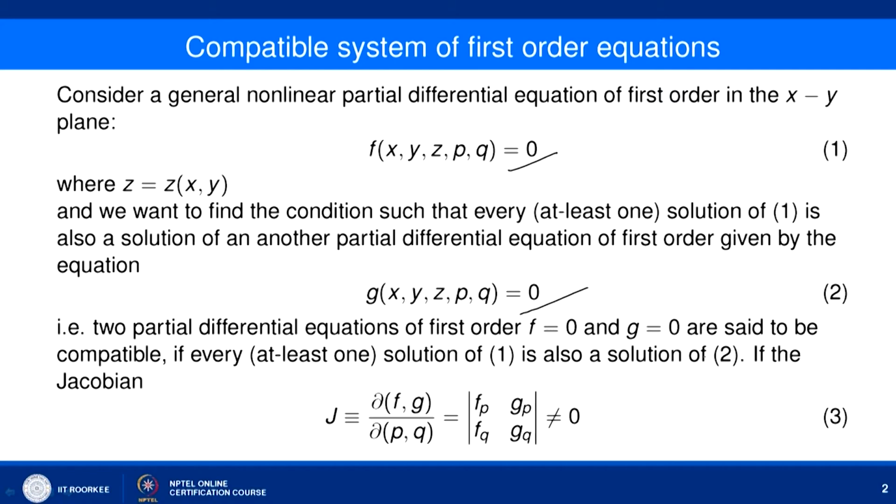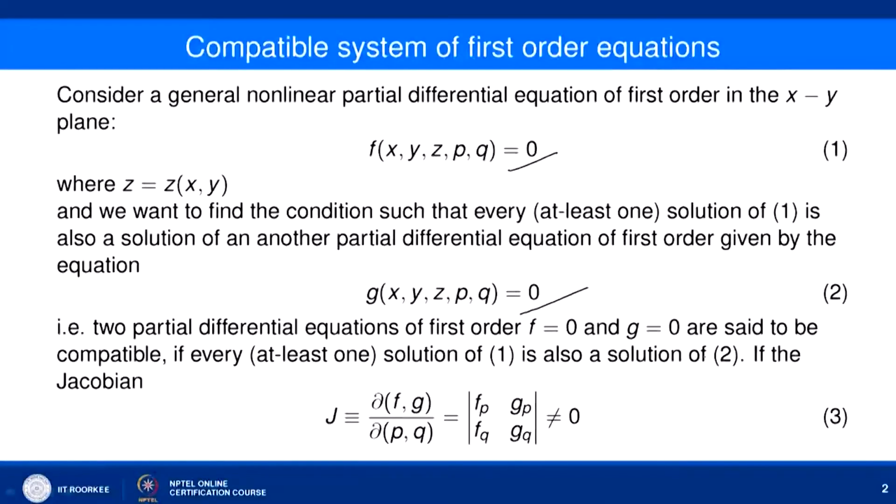In the literature you find several definitions of compatibility: some say compatible partial differential equations means that every solution is common, but in some books you will find that compatibility means that they have at least one solution in common. Here I will prefer the definition that they have at least one common solution.